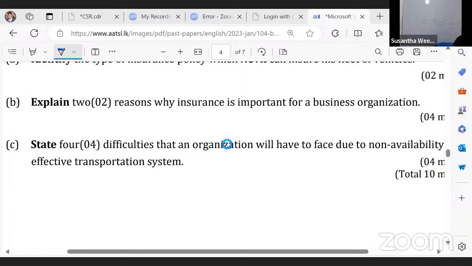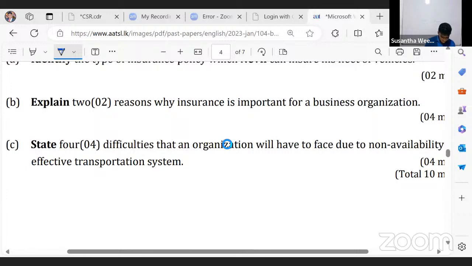State 4 difficulties that the organization will have to face due to non-availability of an effective transportation system. What is it? Sometimes they will have difficulty gathering goods on time.